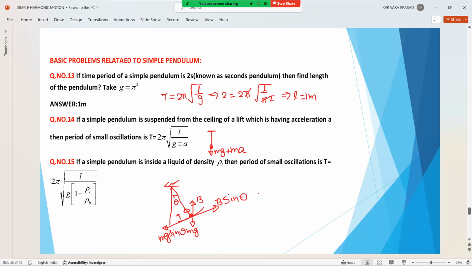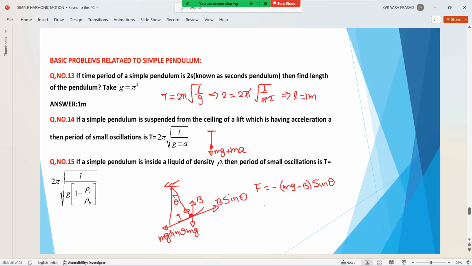Now restoring force is equal to minus of (mg minus buoyancy force) into sine theta. And theta is very small, so we write simply theta in place of sine theta.